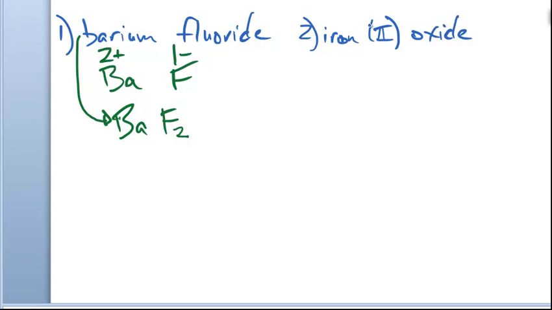And so we use the so-called stock naming system, where we use a Roman numeral to indicate the charge on the ion. So because there's a Roman numeral 2 here, that indicates that the charge on the iron in this compound is 2+. Oxide, that's oxygen, that's always 2-.